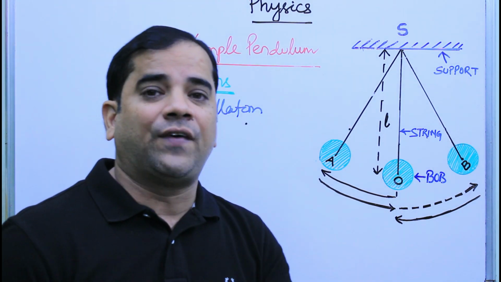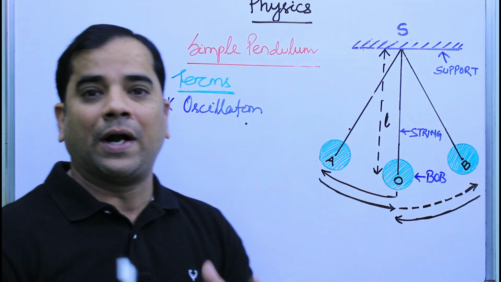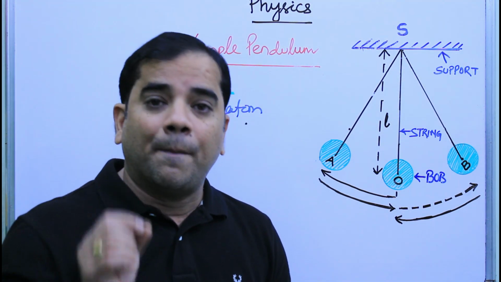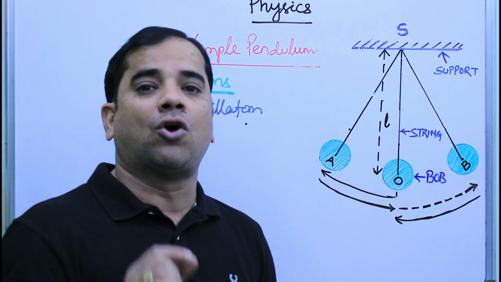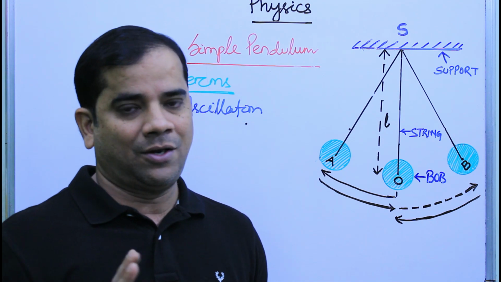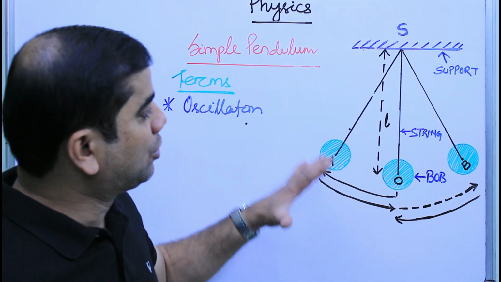Okay, students, the first term related to the simple pendulum that we are going to discuss is oscillation. What is oscillation? A complete to and fro motion of the bob is called one oscillation. Let us try to understand it by looking at this diagram.